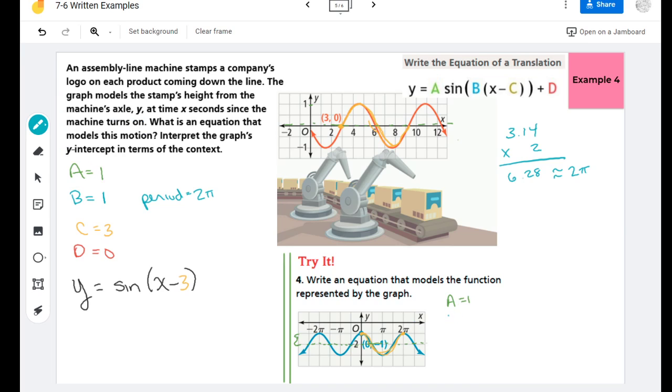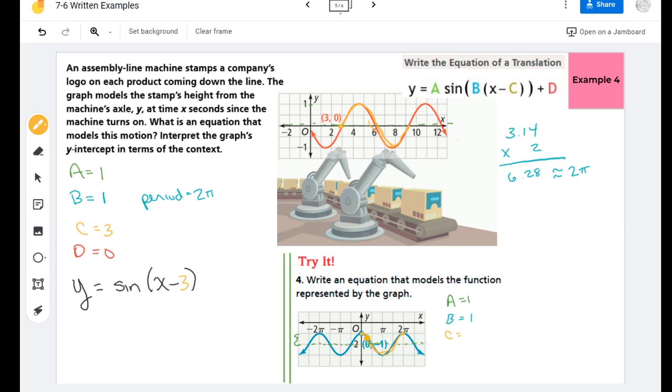Now my B value is how many iterations of this U shape happen between 0 and 2 pi. Well, my yellow part that I highlighted starts at 0 and goes to 2 pi, so my B value is 1. Now my C value is how much it's been shifted to the left or to the right.